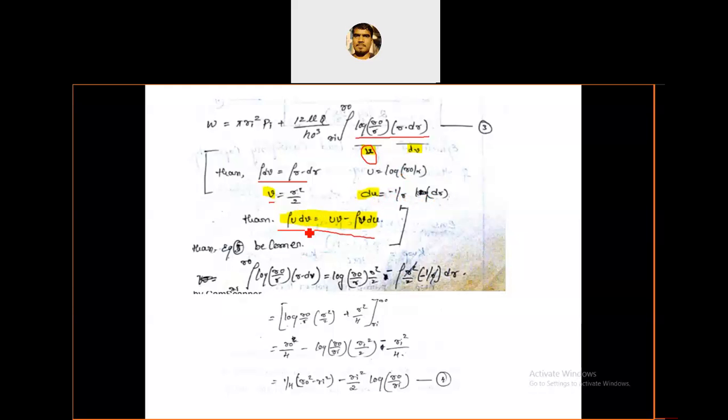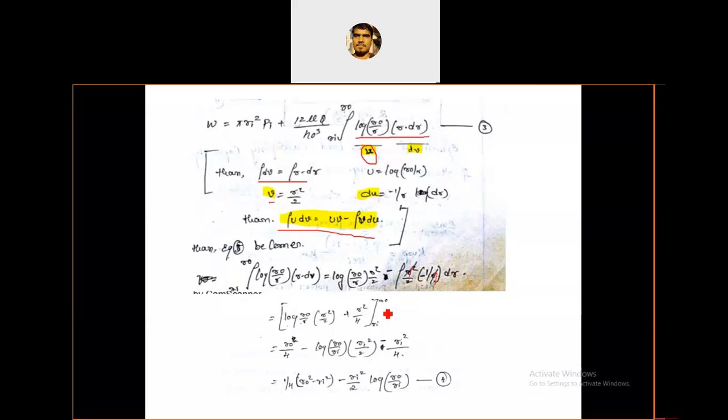I make them separate. U we already know. U means log R naught by R, into V, which is r square by 2, minus integration of V, which is r square by 2, times du, which is minus 1 by r dr. So here r gets cancelled. One r is there, another r is there, they cancel.